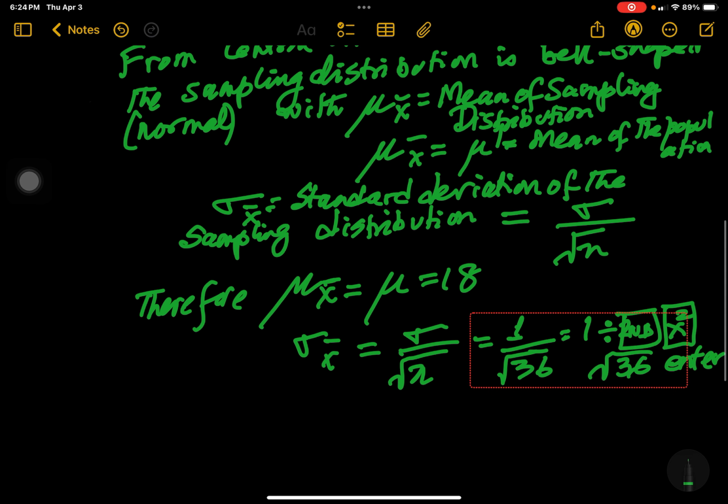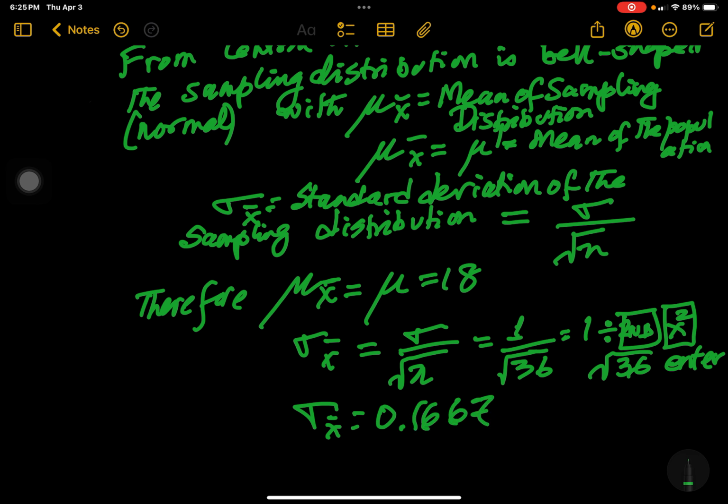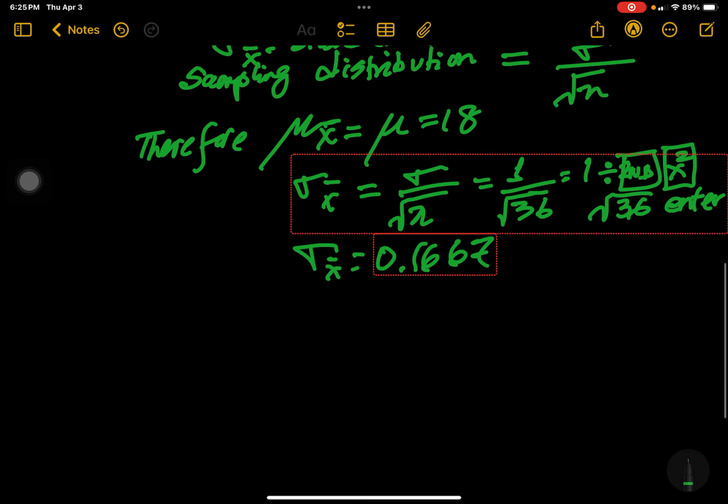So sigma x bar is equal to 1 divided by square root of 36, and that is equal to 0.1667.